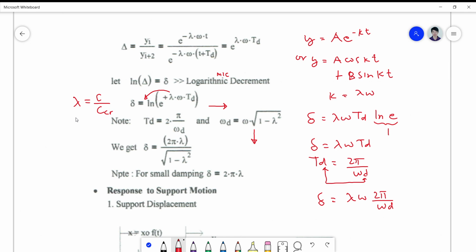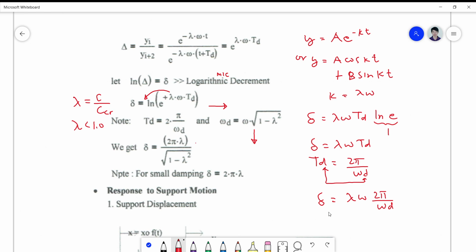This is more or less always less than 1.0, such that if we substitute it here, we simply get this formula.